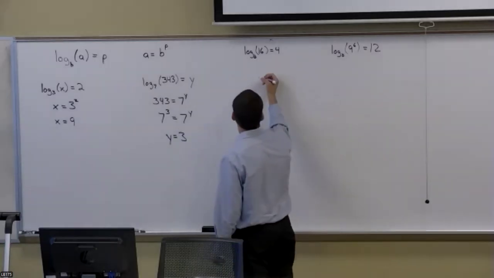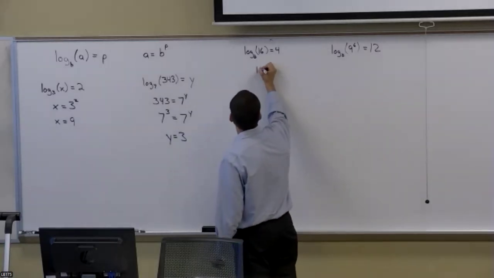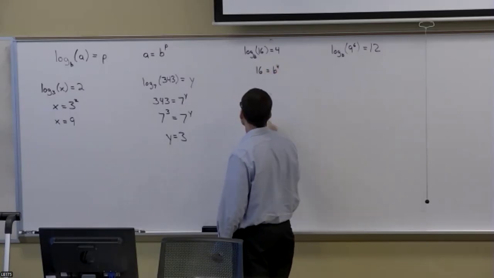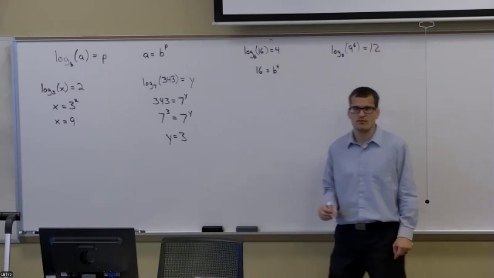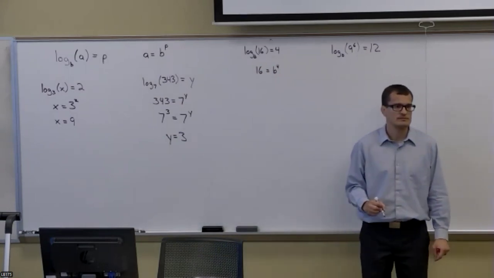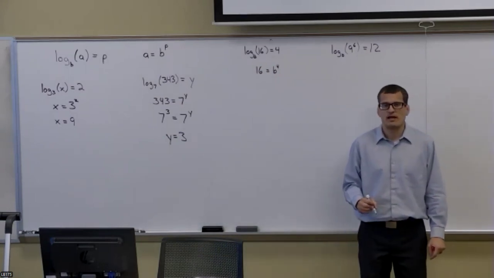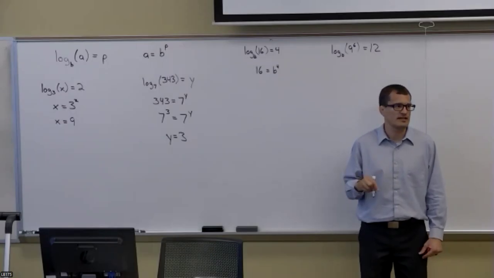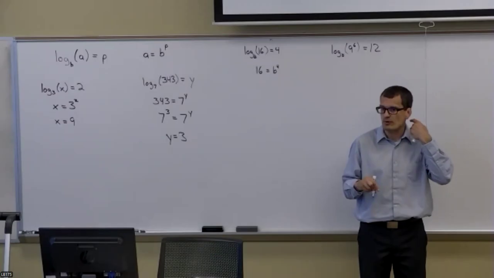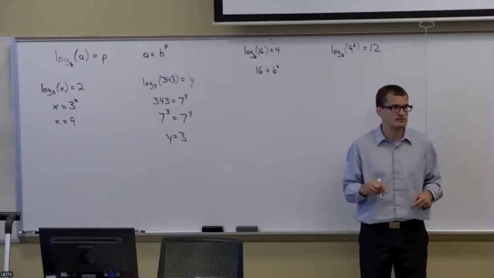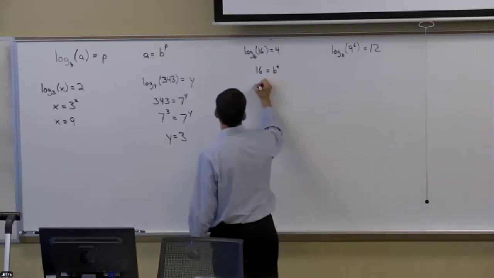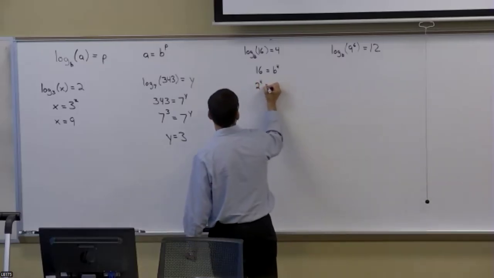In this case, we would say 16 is equal to b raised to the 4th power. And so we're thinking, what can I raise to the 4th power to get a 16? I could take a 4th root of both sides if I wanted to. Or I could just realize that 16 is 2 raised to the 4th power.